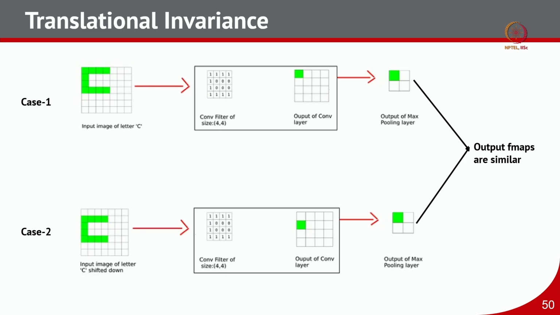If there is a cat in the top right corner of the image, versus a cat in the middle portion of the image, both images should be classified as cat.